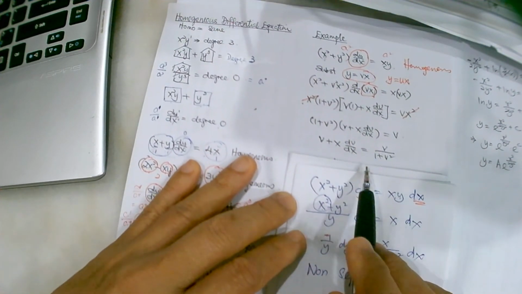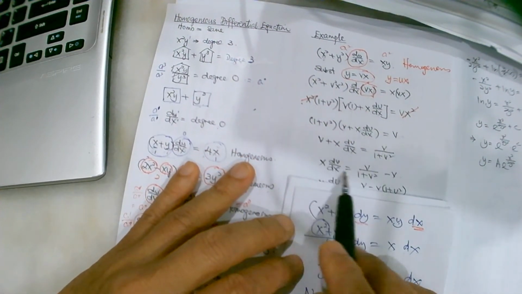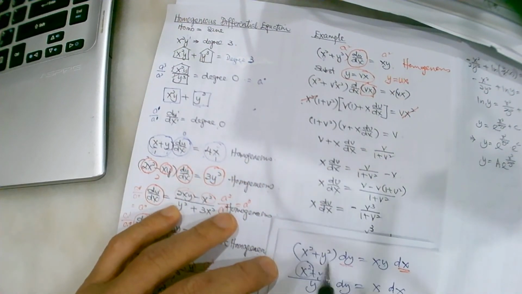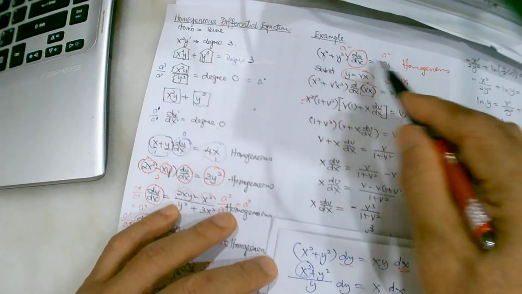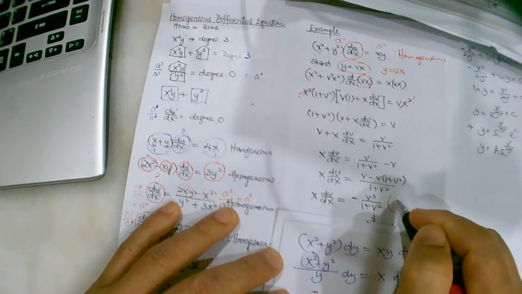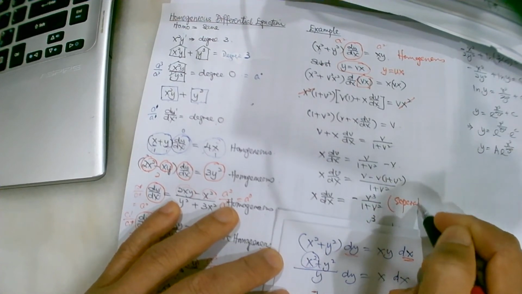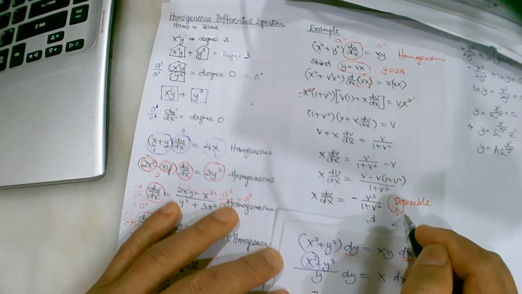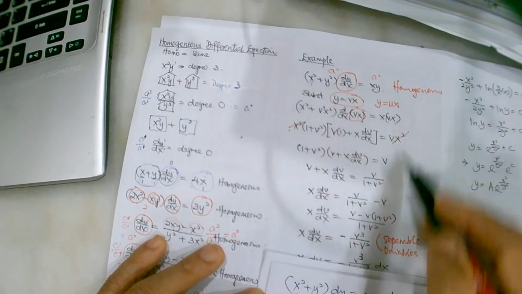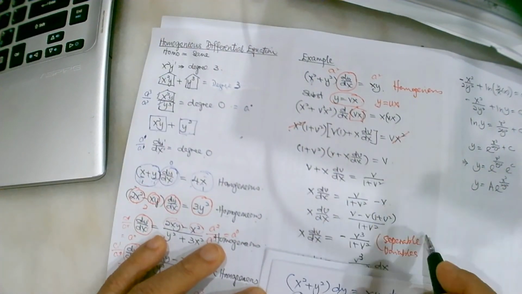This one you know how to solve. And then I have this. After that you simplify this side, you get this. So from this one, this is homogeneous, then you substitute this, you see now it has already become separable. Homogeneous, substitute this, then you simplify everything, it will become separable variable.